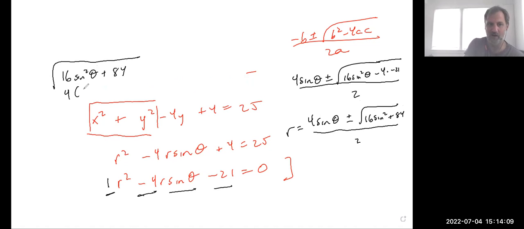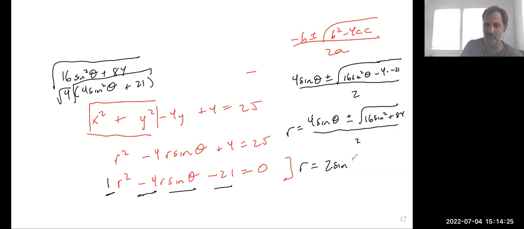If I take 4 out, it's 4 sine squared theta plus 21. So the square root of 4 is 2, and that leaves me with the factor 2 to cancel there. So r equals 2 sine theta plus or minus the square root of 4 sine squared theta plus 21.